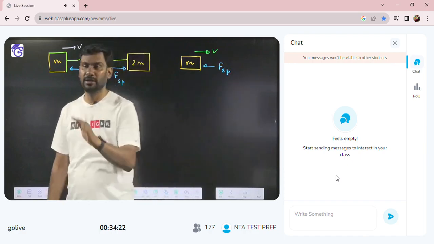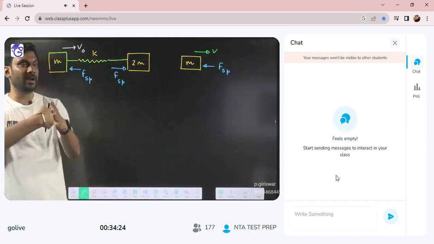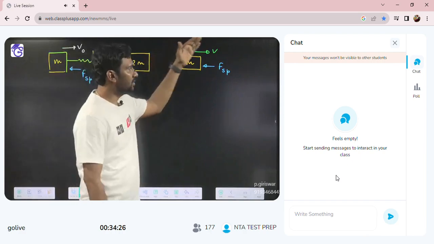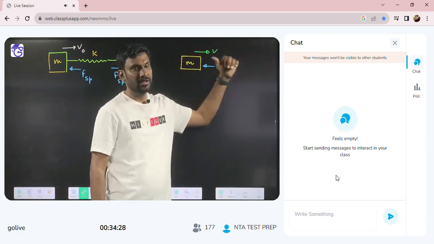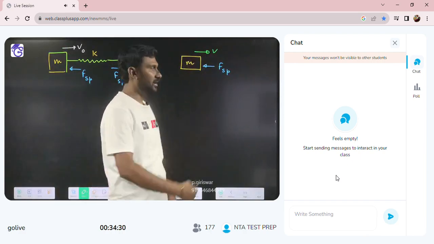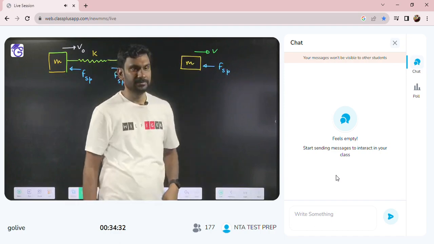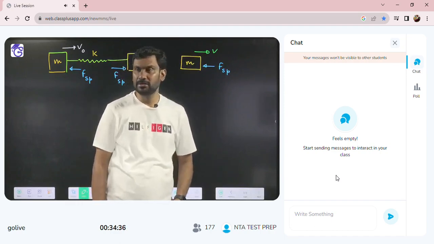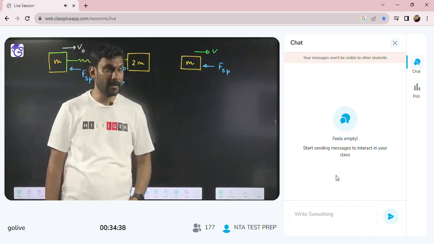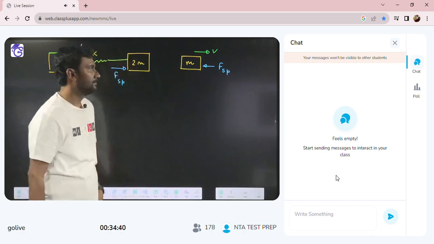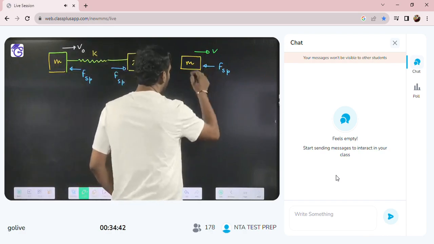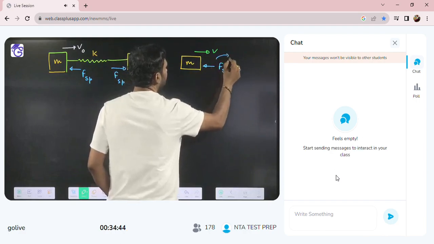Velocity and force are anti-parallel to each other. Retardation? Confirm? Yes. So for this block, it will suffer retardation.